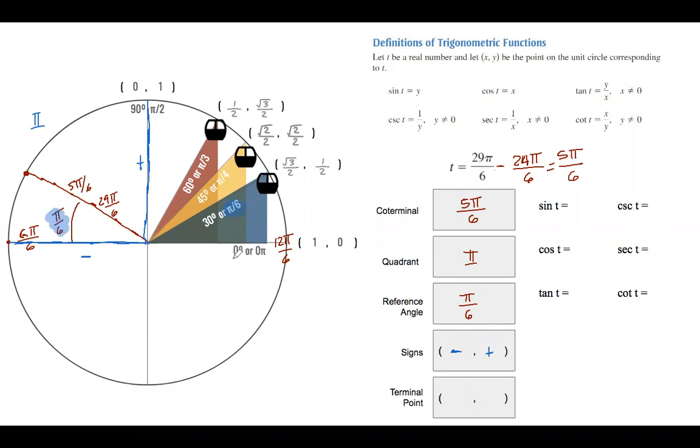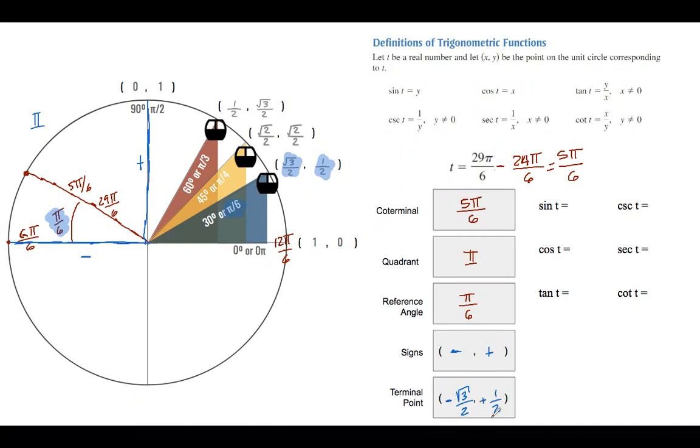That means that we're going to be using this reference angle, and in consequence, those values. Let's write those down. Square root of 3 over 2, 1/2. Then let's use the signs that were given to us by the quadrant, negative and positive.